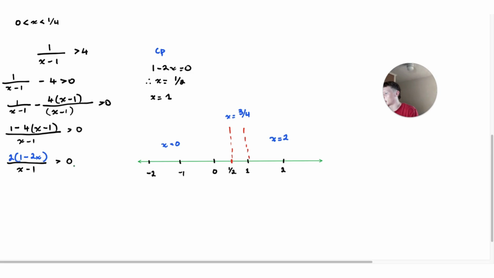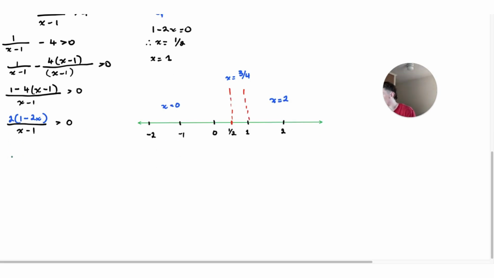If we sub in x equals 0 here, we'll get 2 outside of 1 minus 0 over 0 minus 1, which is 2 times 1 over negative 1, which is negative 2. We're looking for positive solutions. So that means that this side is out, not part of the solution set.